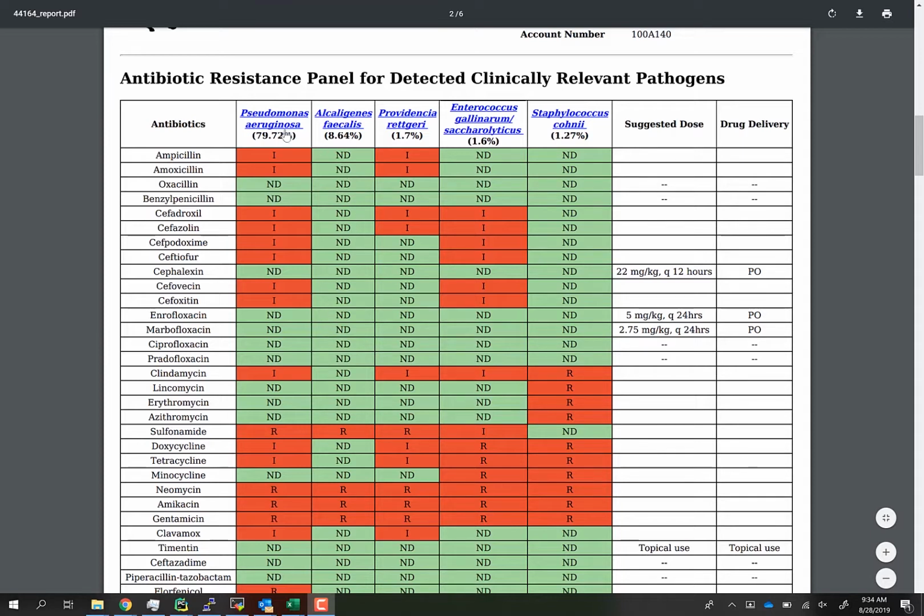Pseudomonas is our number one pathogen at 79%, and they did not determine oxacillin as a genetic resistance, but they did on the sulfonamides and the neomycins and gentamicins. There is some intrinsic resistance in these with clindamycin and the cephalosporins. And the same follows for all the other bacteria seen in this sample.